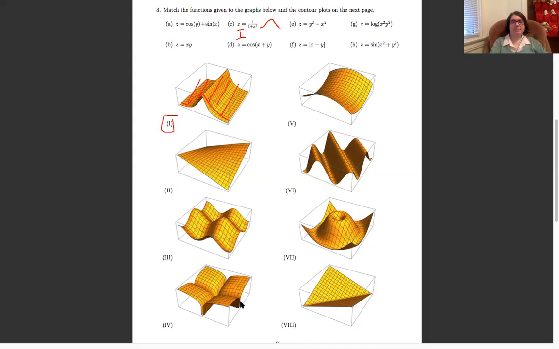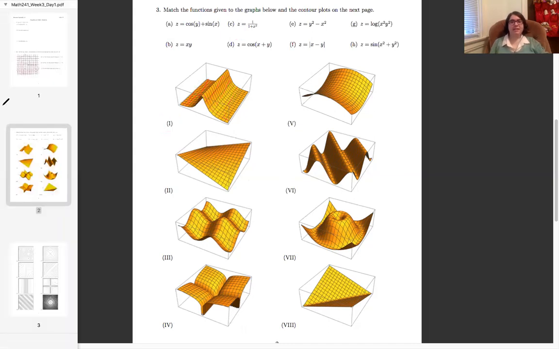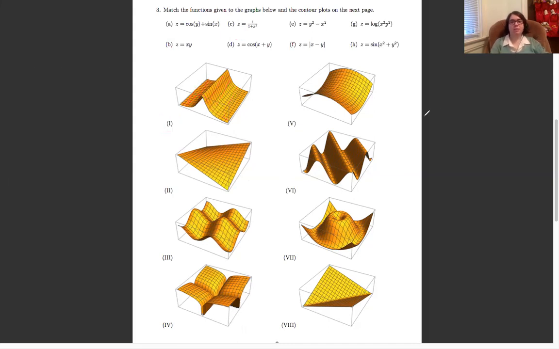For D, I have Z is equal to cosine of X plus Y. So again, I'm looking for a cosine curve, which again is narrowing me down to 3, 6, and 7. Now, I can rule out 3 because I already used it, but I'm also looking at the fact that if I have X plus Y, then it doesn't matter if I switch them.